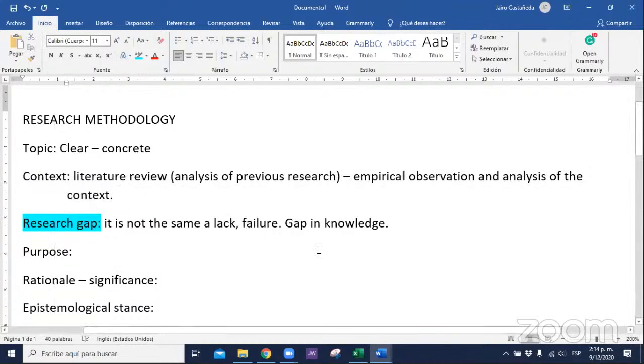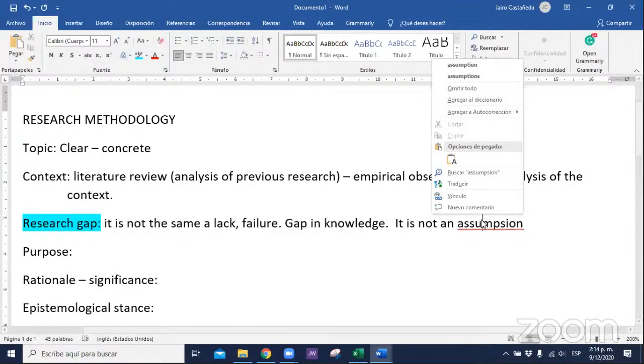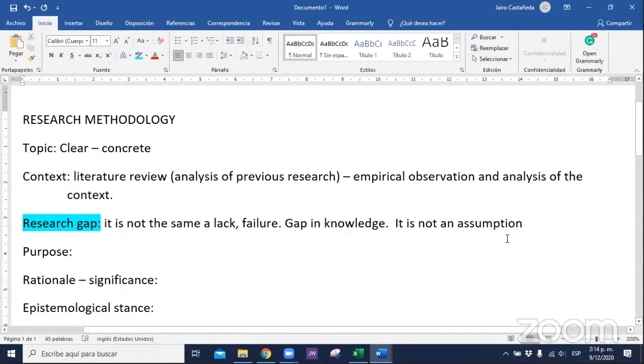It cannot be created from your imagination, or from what you assume. The research gap is not an assumption, okay?